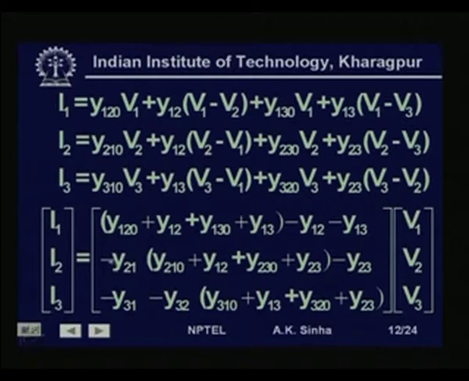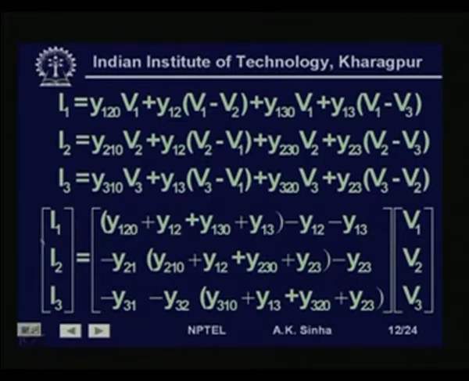Similarly, here we will have minus Y21 into V1 plus Y210 plus Y12 plus Y230 plus Y23 into V2 minus Y23 into V3 for I2, and similarly for I3 we have minus Y31 into V1 minus Y32 into V2 plus Y310 plus Y13 plus Y320 plus Y23 into V3.